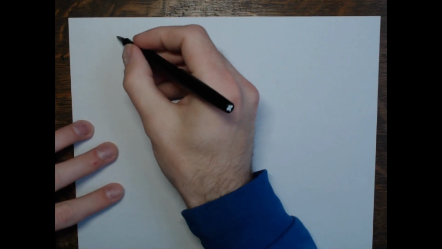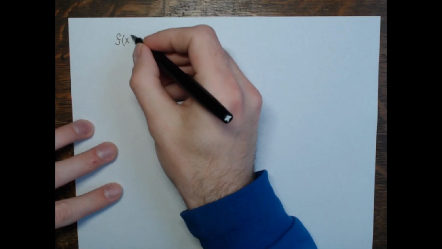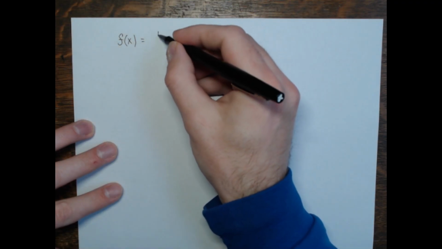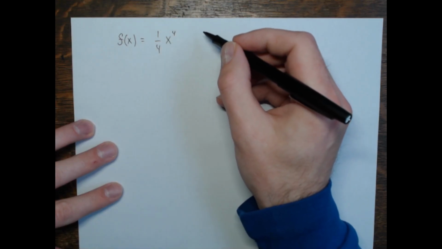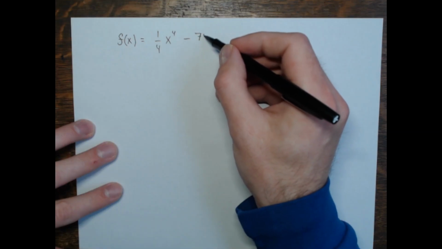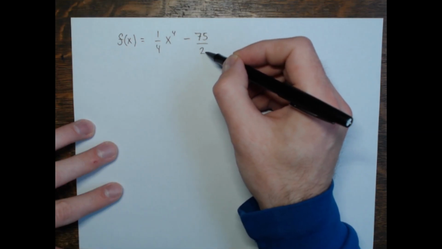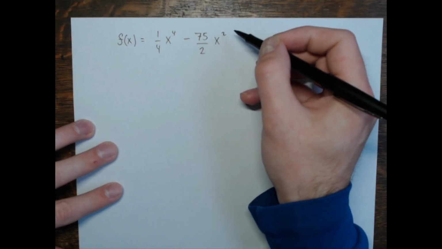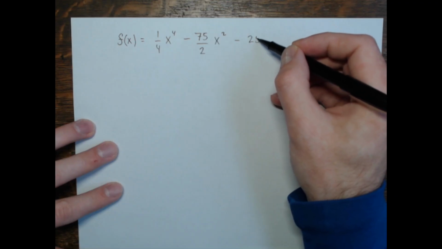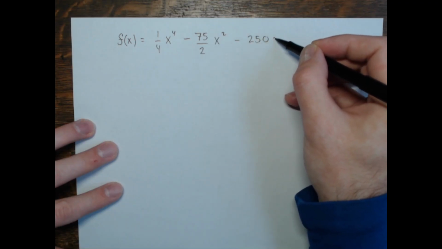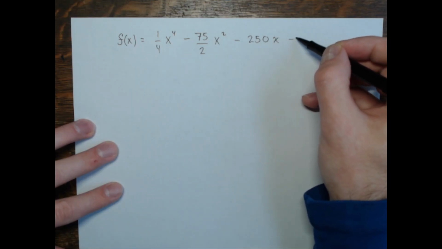So again, the polynomial here. So we have 1/4 x to the 4th minus 75 halves x squared, then minus 250x, and minus 4.